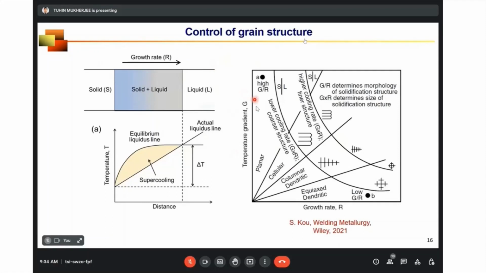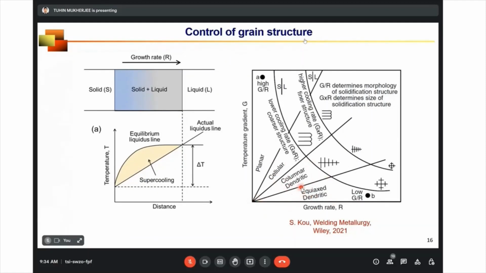If we plot temperature gradient versus growth rate, the slope of this plot, which is G by R, can give us the solidification morphology, whether this is equiax dendrite, columnar dendrite, cellular or planar. Generally for additive manufacturing, we see columnar dendrite and equiax dendrite.